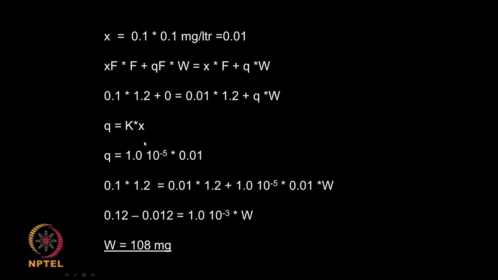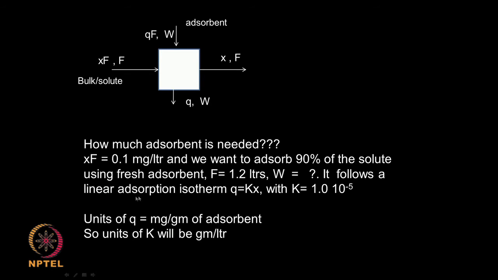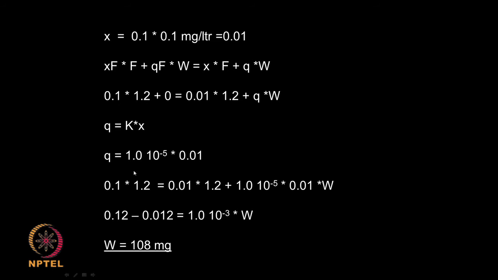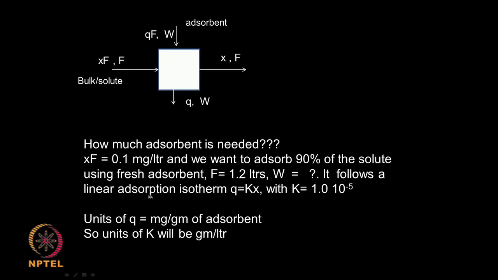Q is equal to Kx, because I have said it is a linear adsorption equation, and K is given here. So, instead of Q I can put Kx, and I know the X value. I calculate W and end up with 108 grams. So, I need 108 grams to recover 90% of my adsorbate, given the linear adsorption relation, F and W.